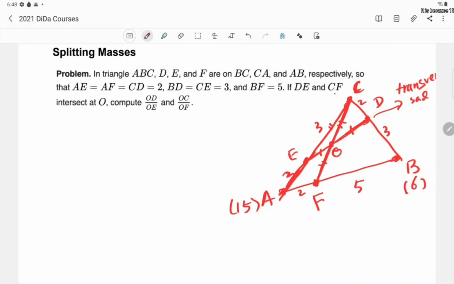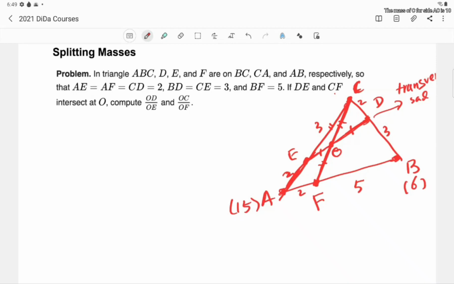And then what else do I know? C is 10. Okay, now be careful. Remember, we need to split the masses at C. So for the 10, which side is it?